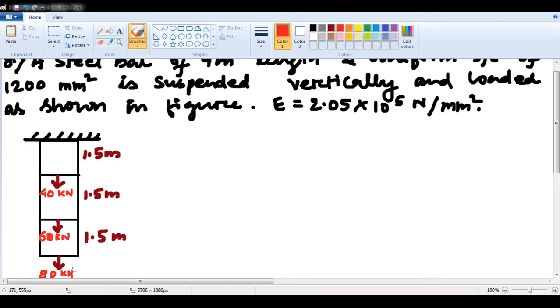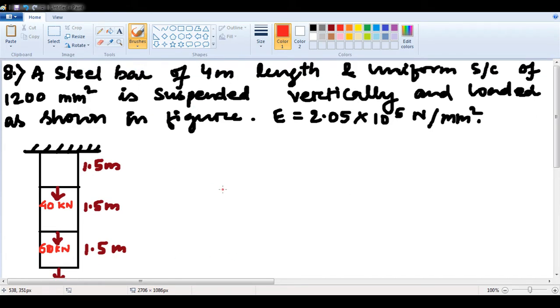Now if you see here, this is the question. A steel bar of 4 meter length and uniform section of 1200 mm square is suspended vertically and loaded as shown in the figure. Now what you have to find is the elongation of the bar.